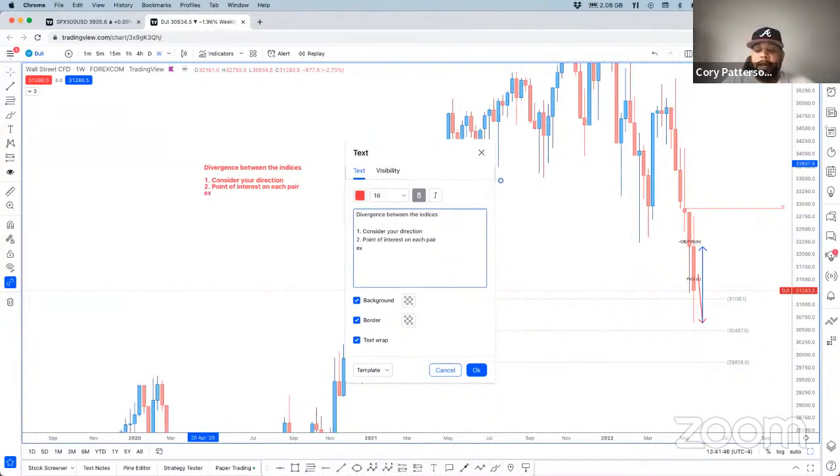Examples of that: if I'm bullish, where is my bearish point of interest, POI? Where is my most recent?